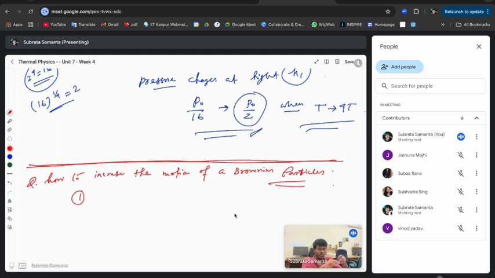The smaller the particle size, the greater the motion. Second, lower the viscosity of the medium.